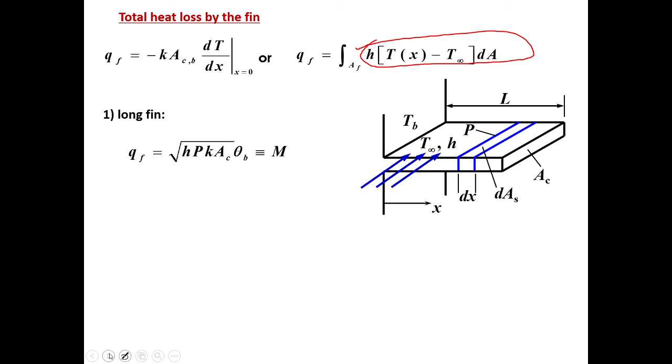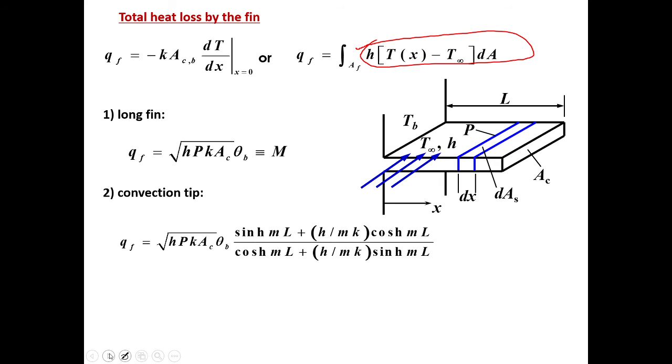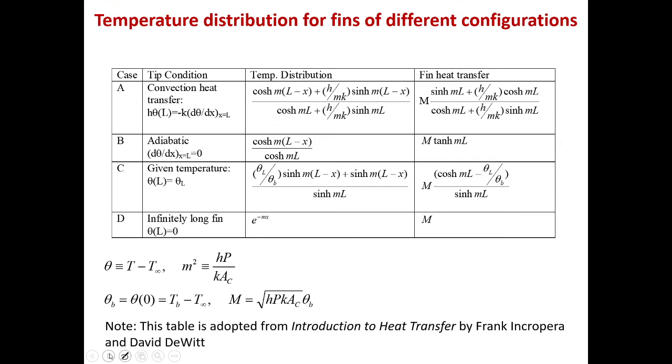For a long fin, the formula is qf equals root of hPkAc times θb, that is equals M. For a convection tip, qf equals root of hPkAc θb times sinh mL plus h upon mk cosh mL, divided by cosh mL plus h upon mk sinh mL. For an adiabatic tip, the formula is root of hPkAc θb tanh mL, equals M tanh mL.